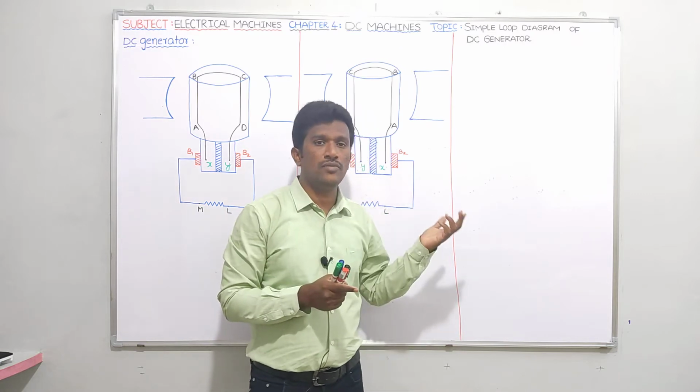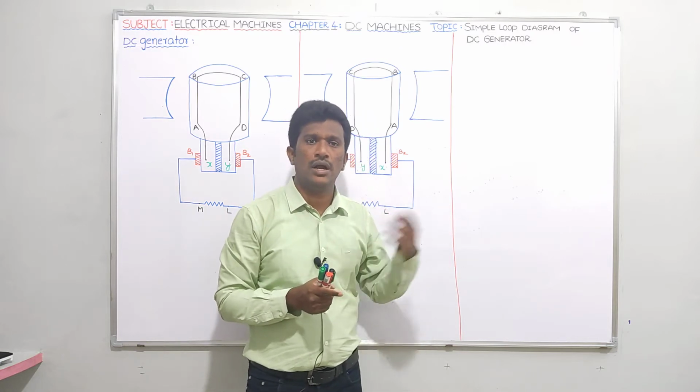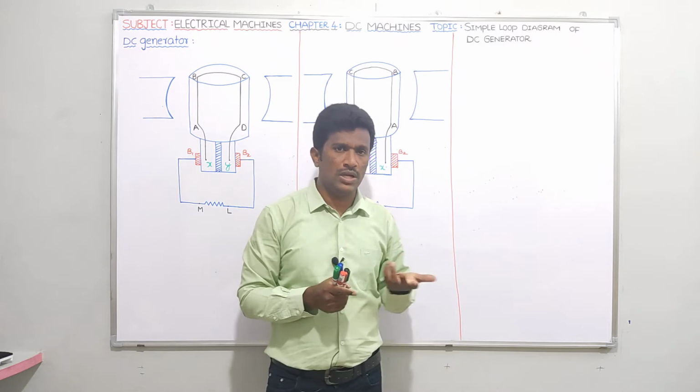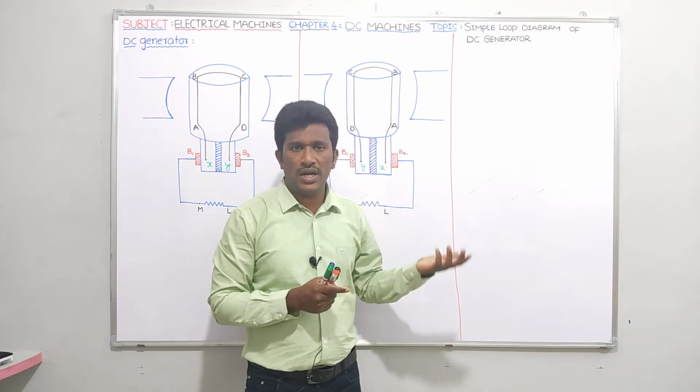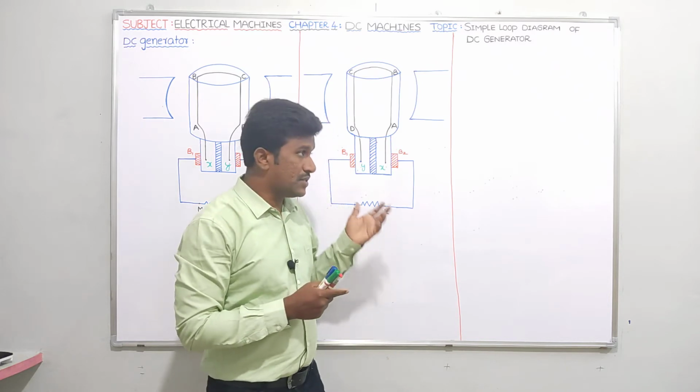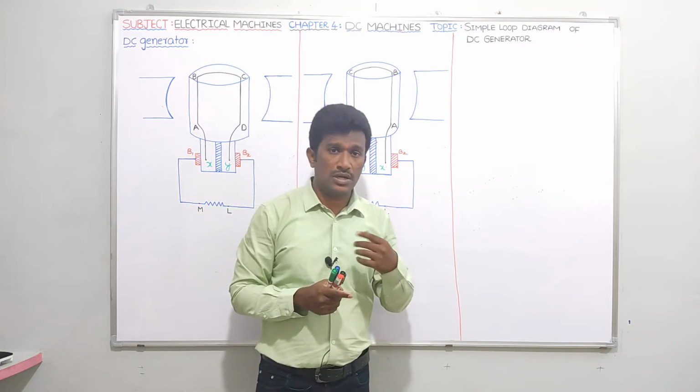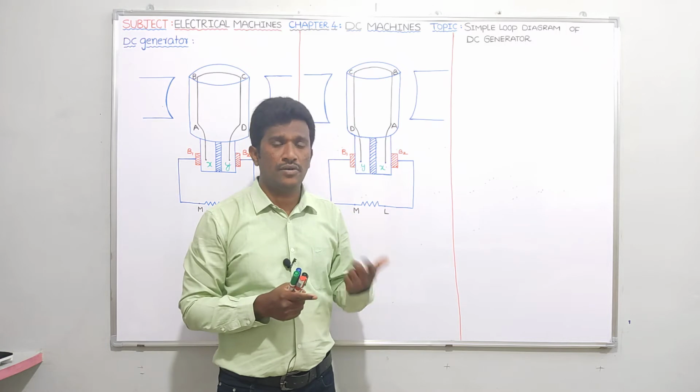Whereas in a transformer, we use primary winding, secondary winding, or low voltage winding, high voltage winding. In an induction machine, we use words like stator winding and rotor winding. In synchronous and DC machines, we use terminology like armature winding and field winding.